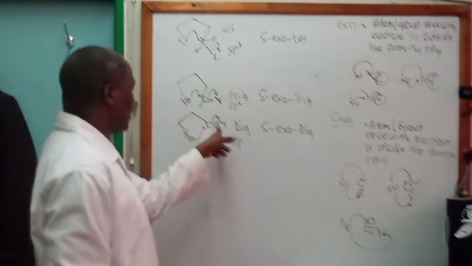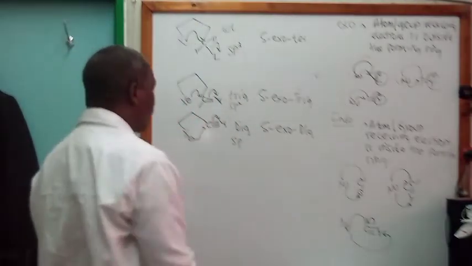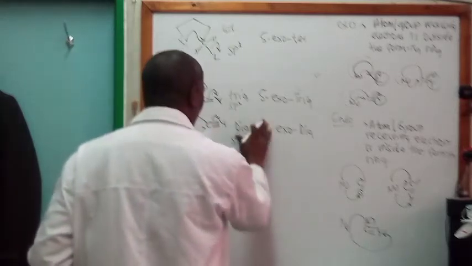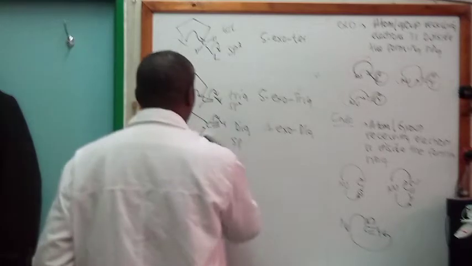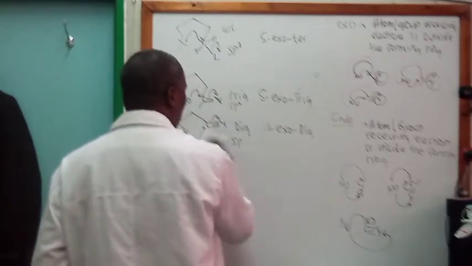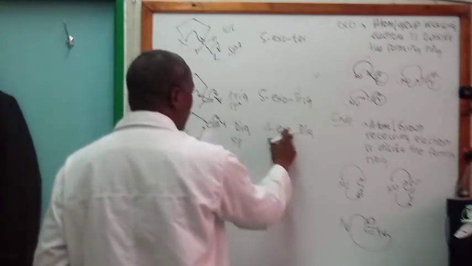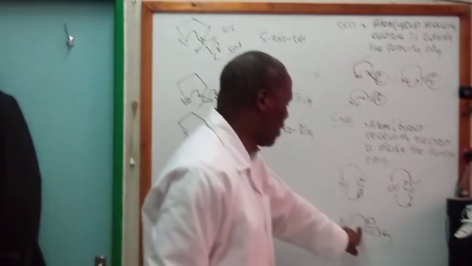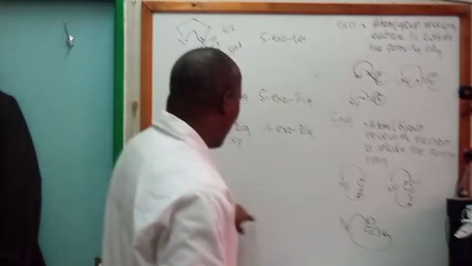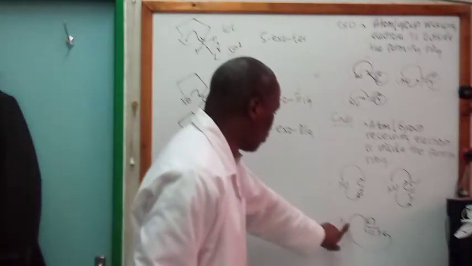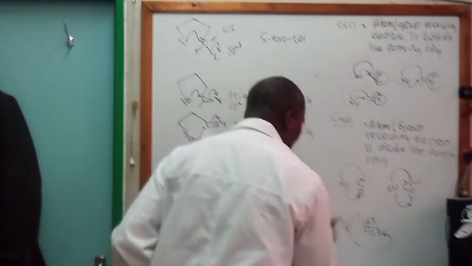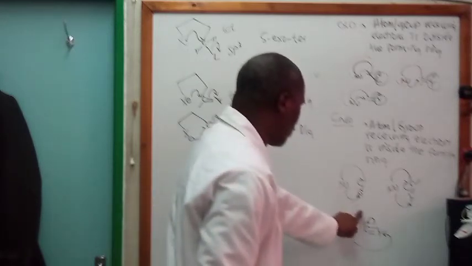Now the one receiving electrons is outside the ring which is forming, and I'm forming a 1, 2, 3. Oh, sorry, this is a 4-membered ring. 1, 2, 3, 4. So this would have been 4 exo dig. If I would have been having something like that, I would have had 1, 2, 3, 4.